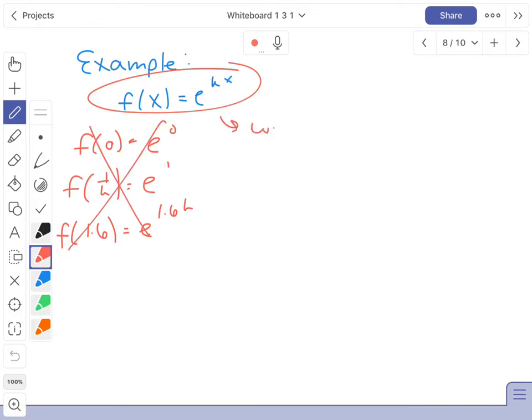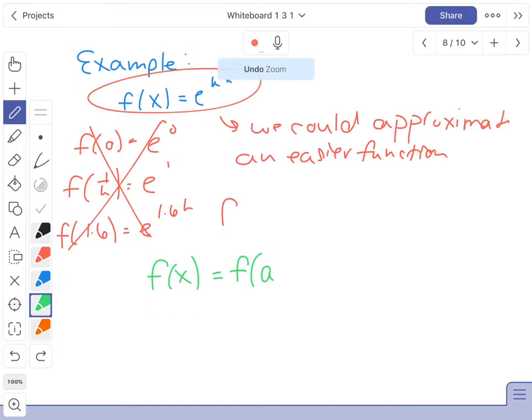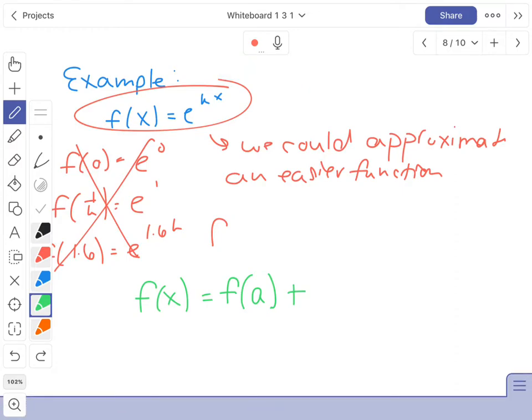So instead, we could approximate an easier function. So for example, if I wanted to approximate f of x, instead what I could do is take the value of f at some point that I know, and I would add our little bit of change at that point that we know times x minus a.